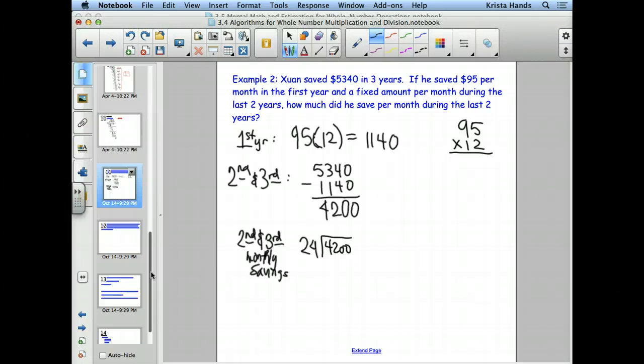All right, so again, you can use your standard algorithm, or you can use an algorithm. This is a repeated subtraction algorithm. When you do this, which you will do the work for in one shape, form, or another, what do you get?